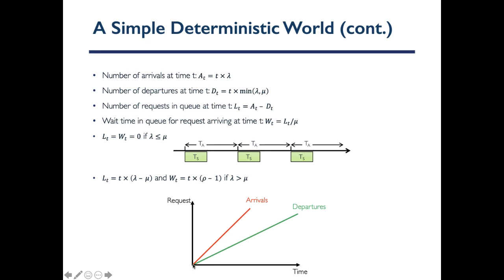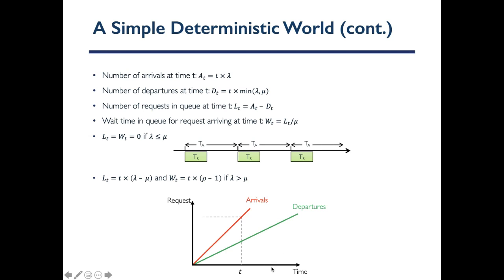So you're going to get arrivals at a higher rate than your departures. So this is your departure. Again, we're looking at a deterministic world where the time for service is fixed, and the inter-arrival times are also fixed and deterministic.